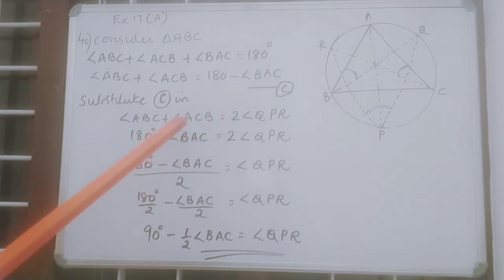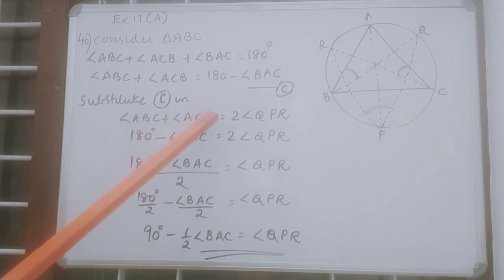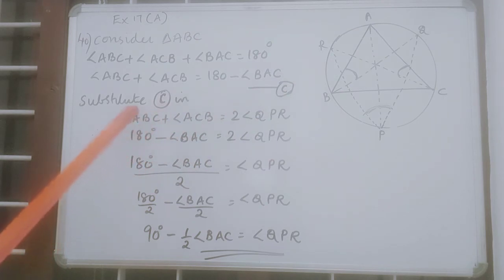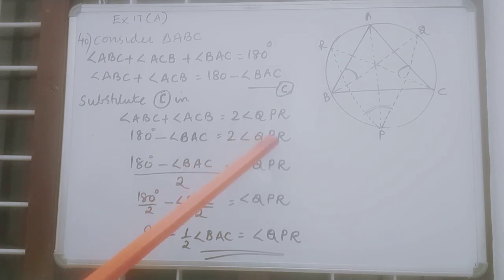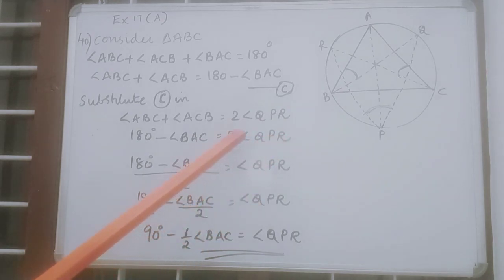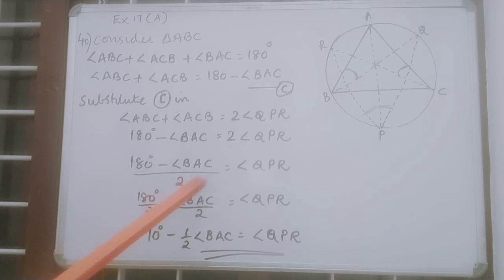We will get ABC plus angle ACB replaced as 180 minus angle BAC, which is equal to 2 angle QPR. This 2 to the left side will become division. So 180 minus angle BAC divided by 2 is equal to angle QPR.